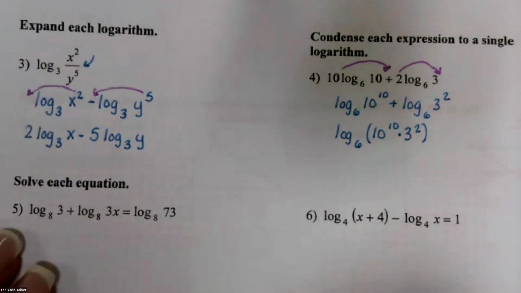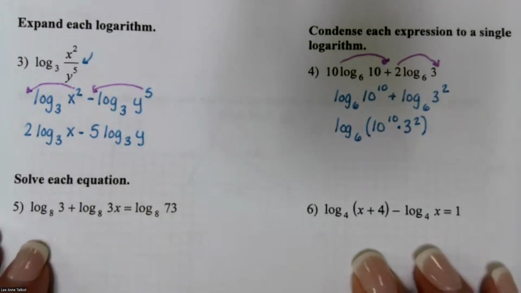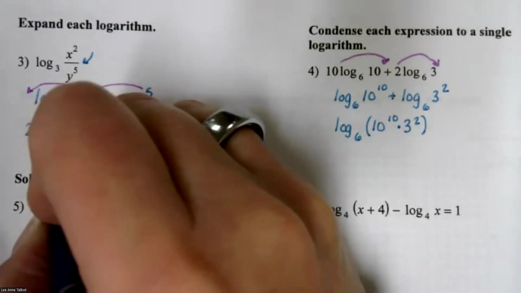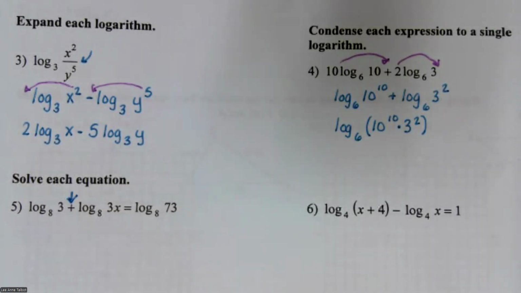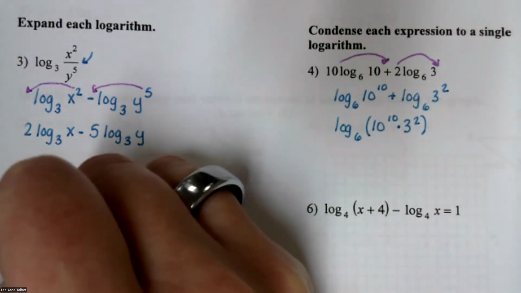So on number 5, for problems like these two, I ask myself 2 questions. First thing I do is I examine the operation in the problem. This one is adding, which means it's multiplication. So I condense.